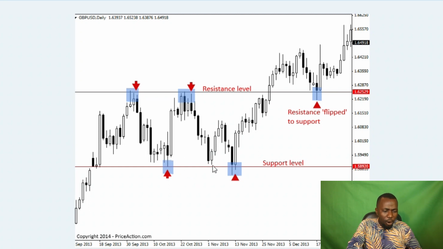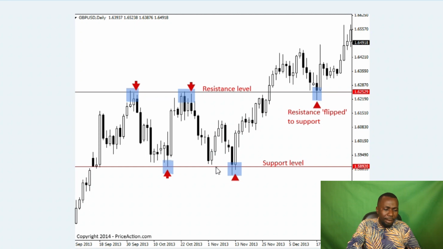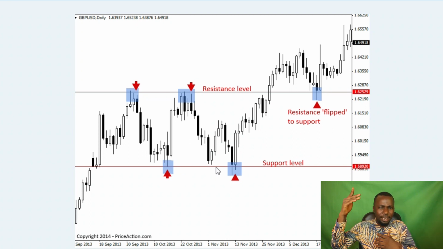So when the price now comes back to the support level, you take your profit, right, and then place another buy trade. But this one happens during a range, when the price is oscillating within a range or a channel, right, where you can easily identify the resistance level and the support level. So that is how you can trade this type.